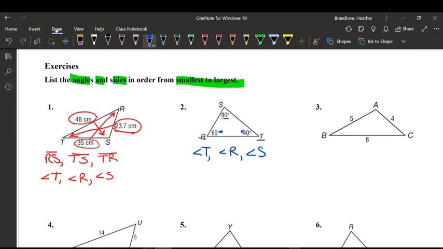Across from 40 degrees, the smallest, is side RS or side SR. It doesn't really matter how you say that. 60 degrees was the medium angle. Across from 60 degrees is side ST, or side TS. The largest angle was 80 degrees. Across from 80 degrees is side RT, or side TR.